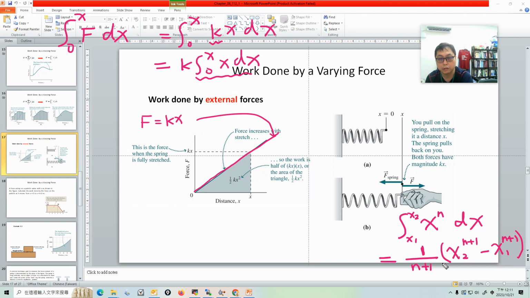If you don't understand right now, you just memorize it, because eventually you will learn this in calculus class. And here, I don't want to explain that much. Let's just use this, okay?